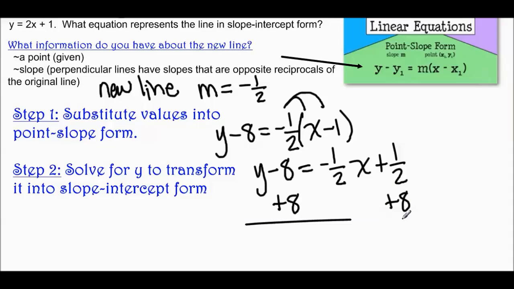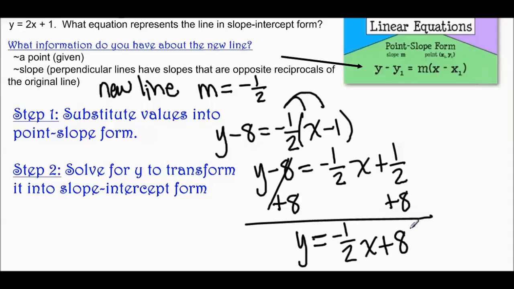That's combined with the 1/2 on the far end. y equals negative 1/2 x plus 8 1/2. So there is the equation for our line that is perpendicular to the original equation of y equals 2x plus 1.